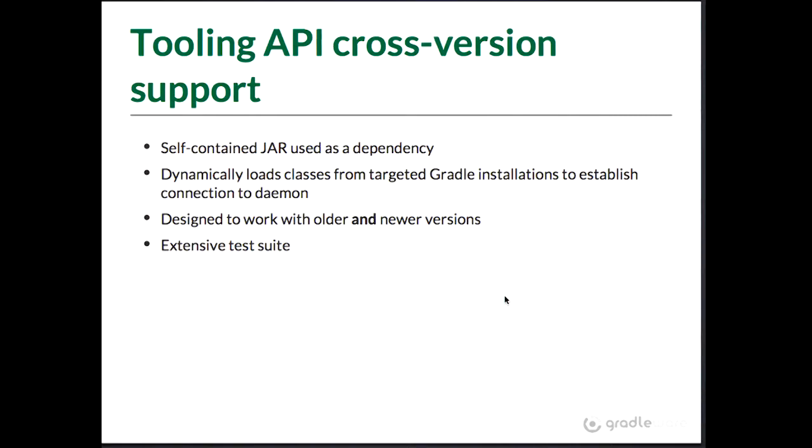So tooling API itself is a self-contained jar, and we are trying very hard to keep its dependencies very limited. I think it depends on Guava that is repackaged somehow, but it's still a relatively compact jar, and the only thing is probably we are using SLF4J for logging, so you will need to put some implementation on a class path to make sure that the log can be processed.